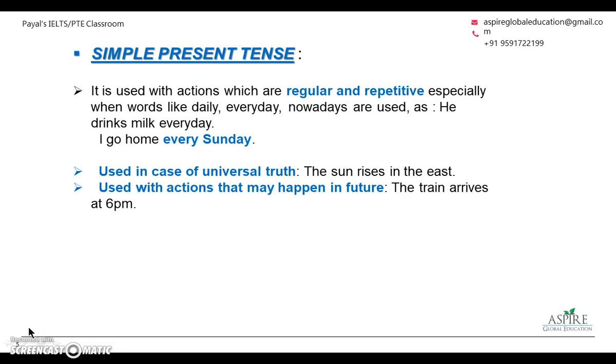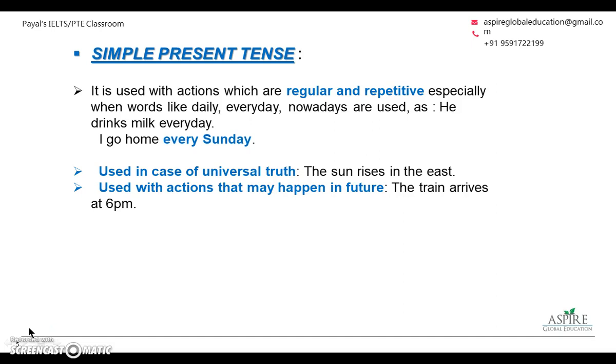Now let's discuss the present tense, simple present tense in this. Now, simple present tense means he drinks milk every day. He eats food every day. So, it is used with the actions which are regular and repetitive, especially when words like daily, every day, and nowadays are used.